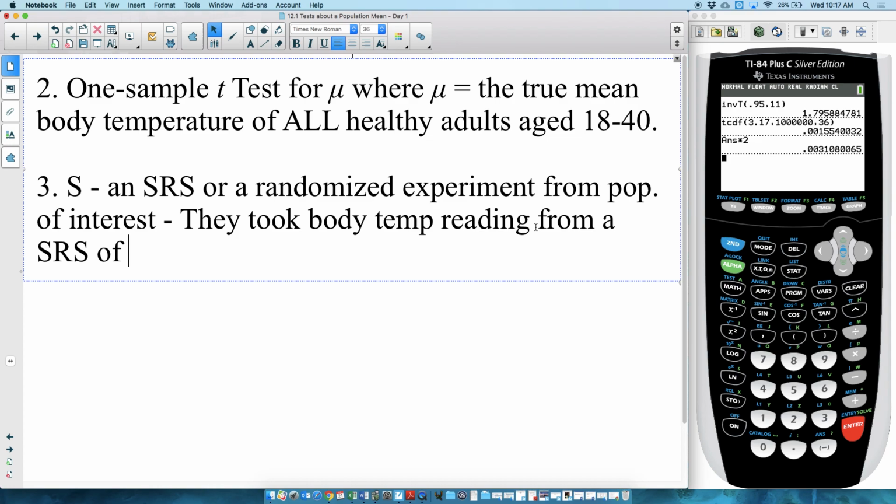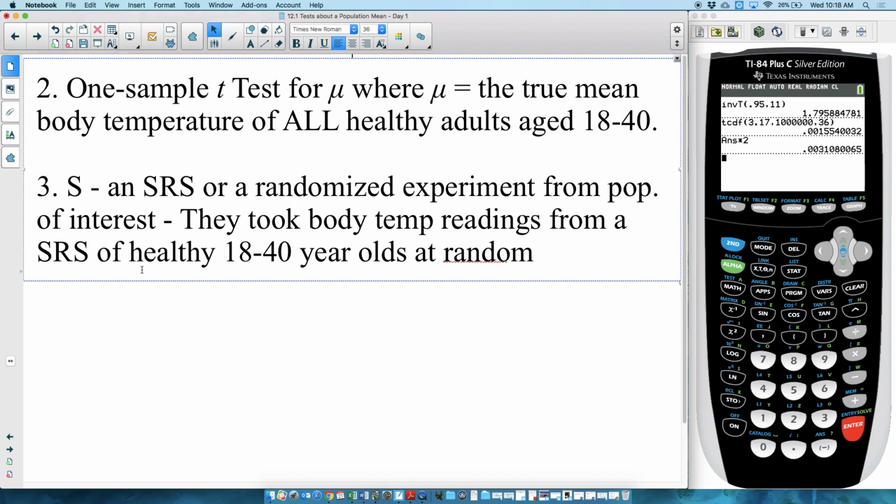Okay, so do you need to specify that the people are an SRS and the readings were random? It wouldn't hurt, but you probably just need to say the readings themselves were random. Okay. From an SRS of healthy 18 to 40-year-olds at random times over 3 days.